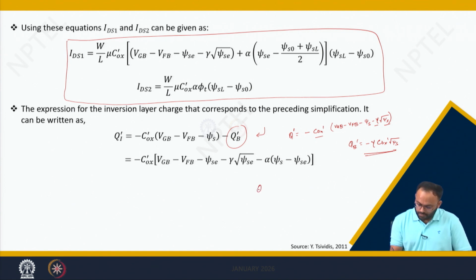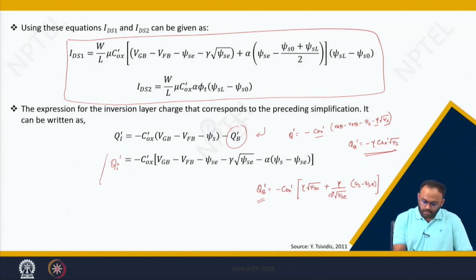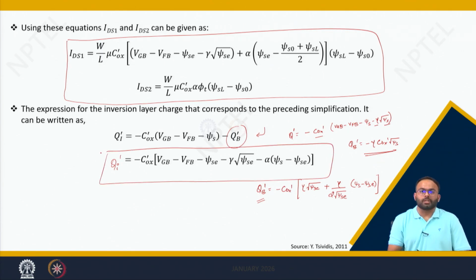So what expansion we followed? That Qb dash is nothing but minus Cox dash into gamma into root psi s plus gamma divided by 2 times root psi s into psi s minus psi s. So we will replace this Qb dash value here, and ultimately this will give me the inversion charge equation around an expansion point of psi s.